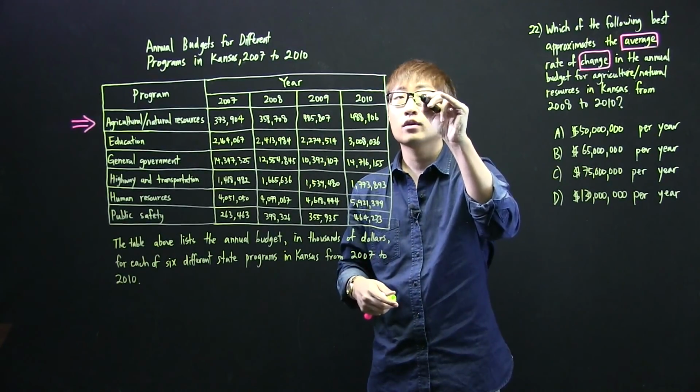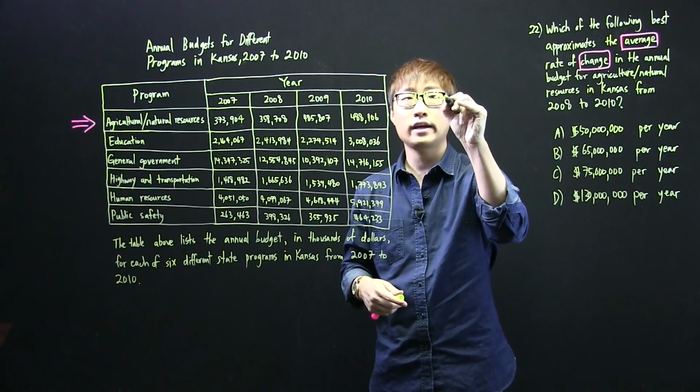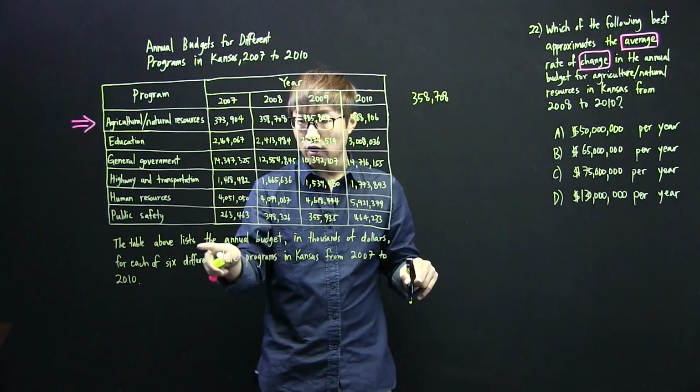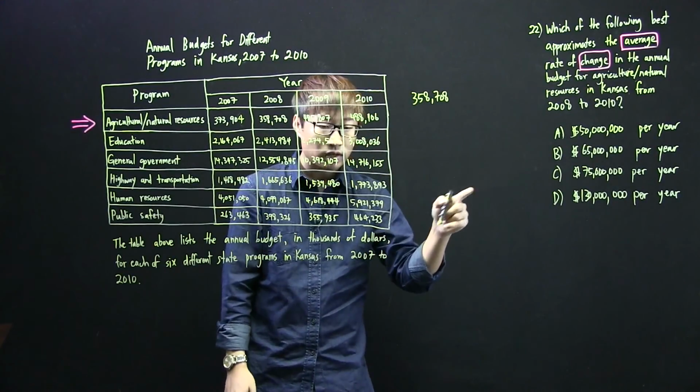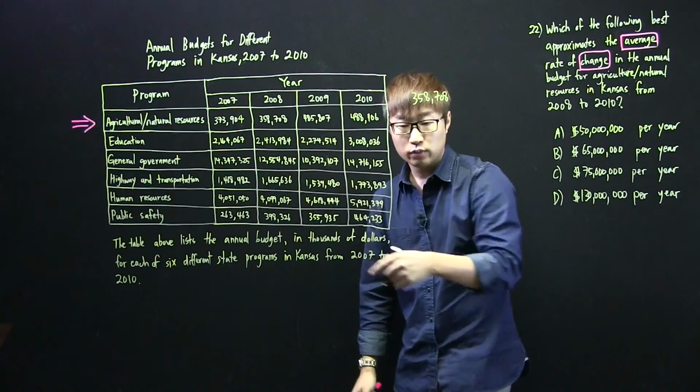It went from 358,708. Once again, be careful that all these numbers are in thousands of dollars, right? I'm going to take care of that later on, but let's just do the numbers as written for now.